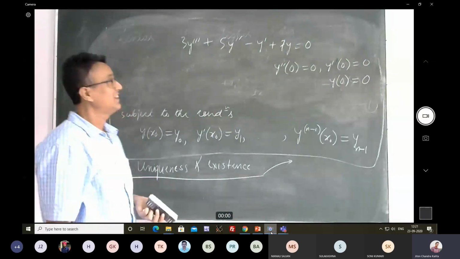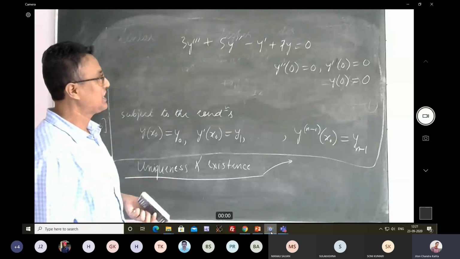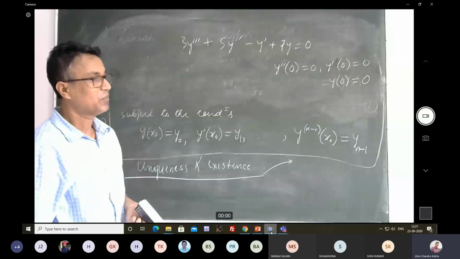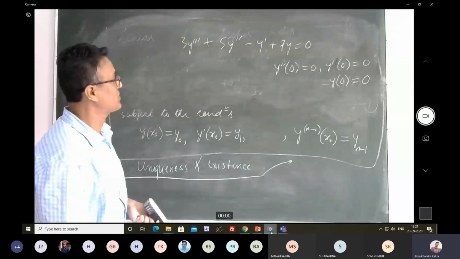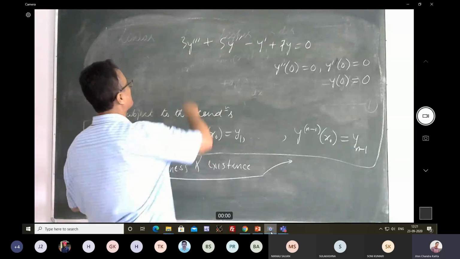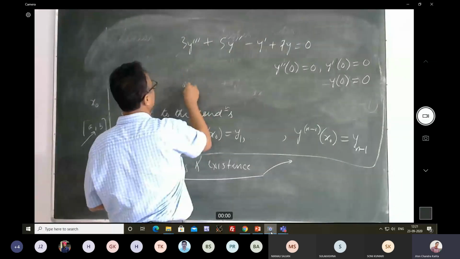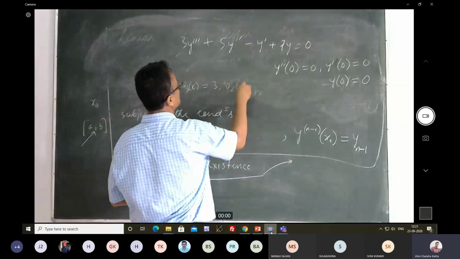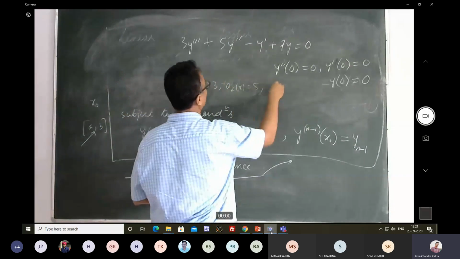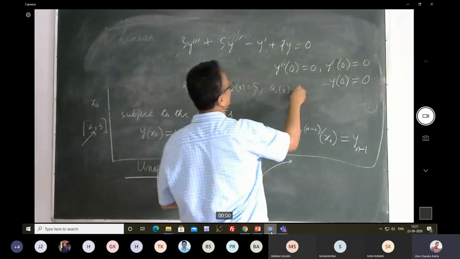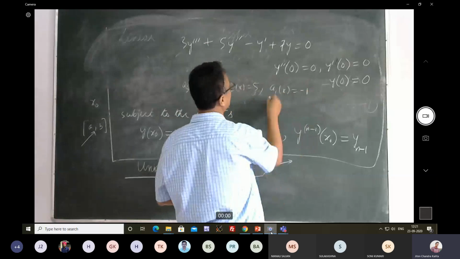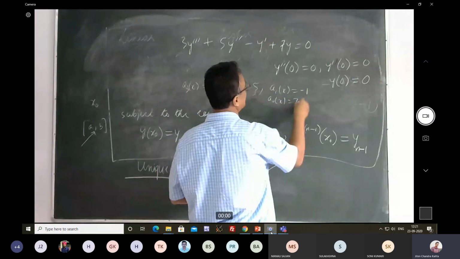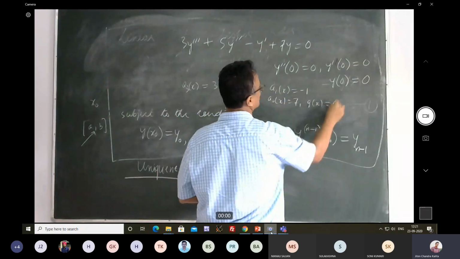Now, obviously, what are the coefficients here? Here a3(x) equals 3, a2(x) equals 5, a1(x) equals -1, a0(x) equals 7, and g(x) equals 0.